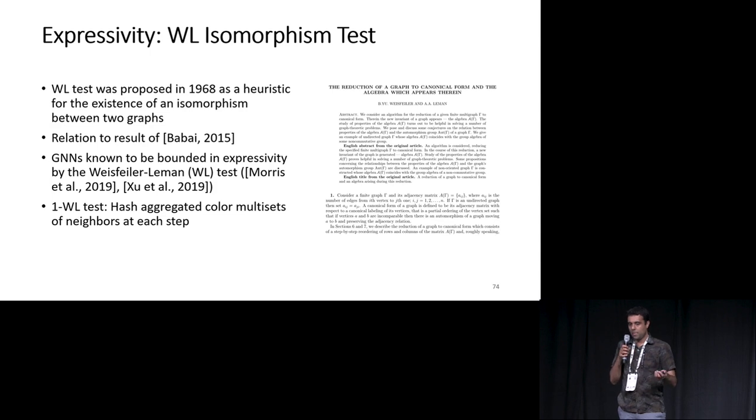That is, if you do some kind of graph classification problem, you cannot hope to distinguish graphs that cannot be distinguished by the WL test. So what is this WL test? Essentially, it performs some kind of hashing at each step, where for each node you look at the neighbors and do some color refinement. I'll describe this on the next slide.